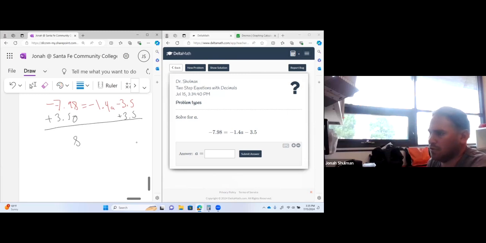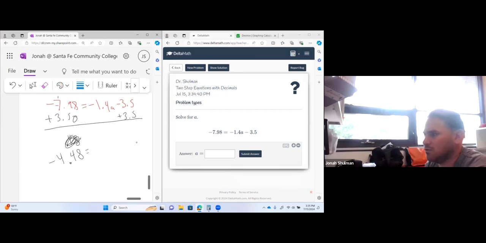That's going to be 8, 4, carry the 1. Oh, wait, but these are opposites. So I actually have to subtract them. So that's 8. 9 minus 5 is 4. And 7 minus 3, so this is a negative 4.48 equals a negative 1.4a.